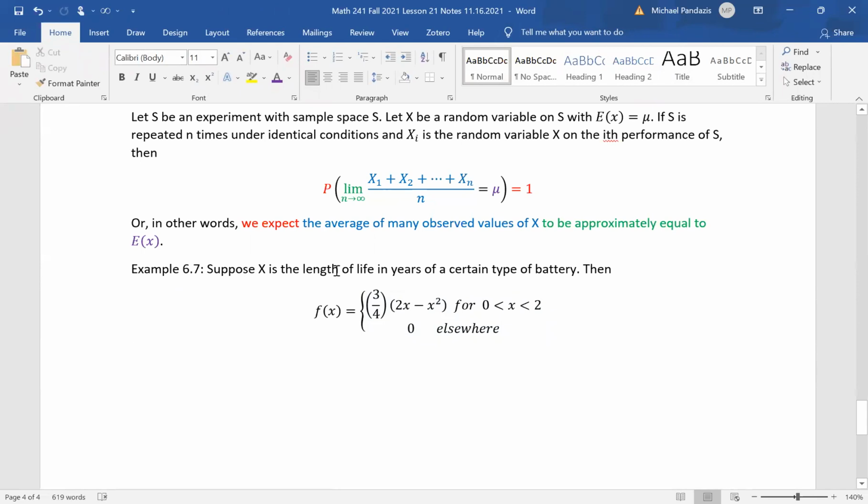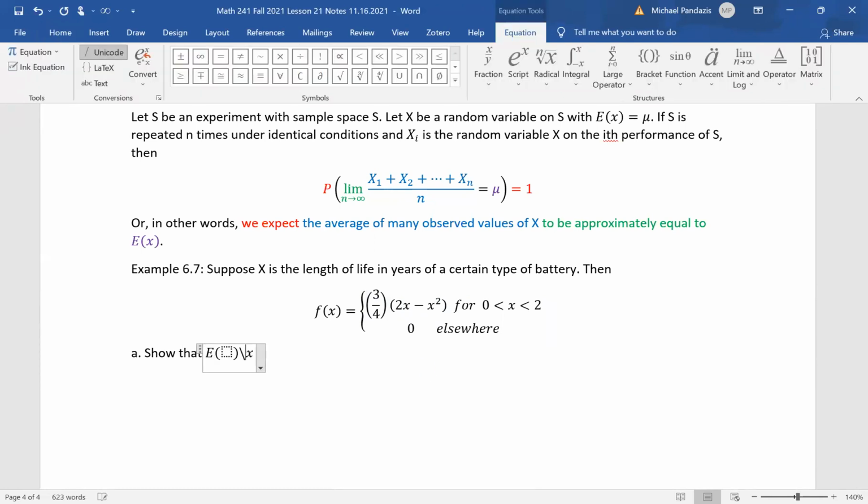So suppose x is the length of life in years of a certain type of battery, then the probability density function is this. For part A, show that the expected value of x, E of X, is equal to 1.